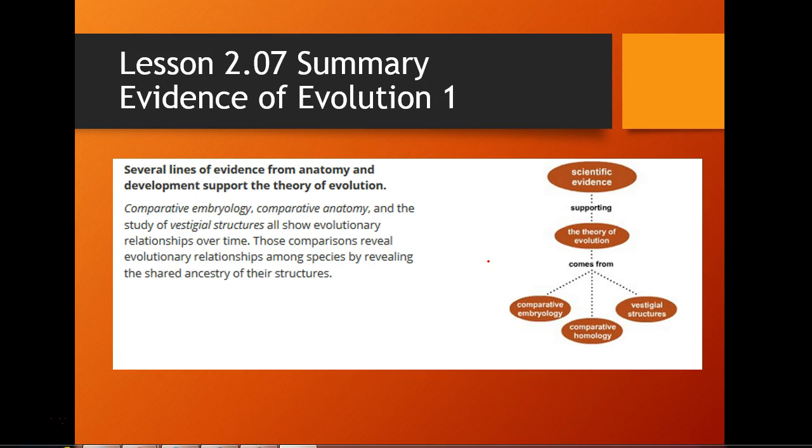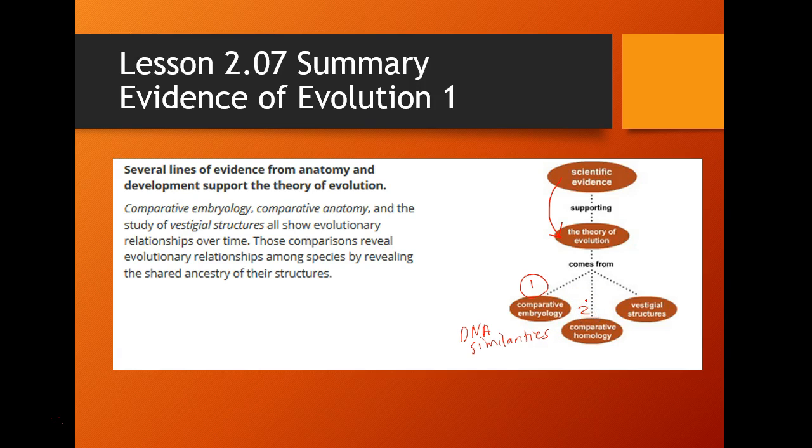So to summarize what we went over in this lesson, remember that we looked at scientific evidence that supports the theory of evolution. And the three different evidences of evolution that we looked at were comparative embryology, where we looked at the similarities and differences between the development of embryos, right? Remember, if there are any similarities, that suggests that there are DNA similarities, because if they're developing similarly, that means that they must have the same instructions that originate from their DNA.